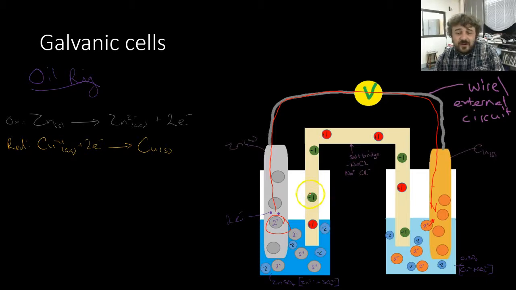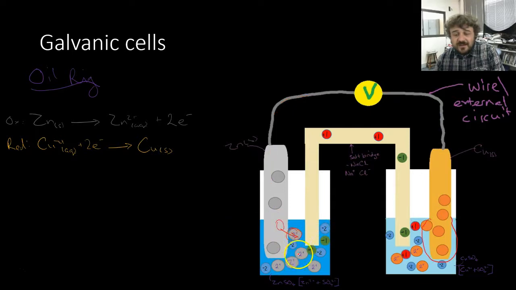What happens is, this zinc is about to move into solution here, and as it does, there's now more positive charge than negative charge. These blue ones are sulfates. So there's one extra zinc cation than there are sulfate anions.